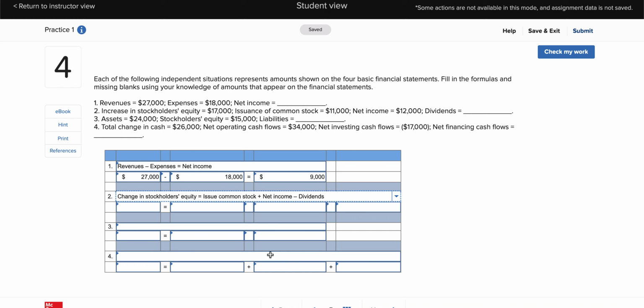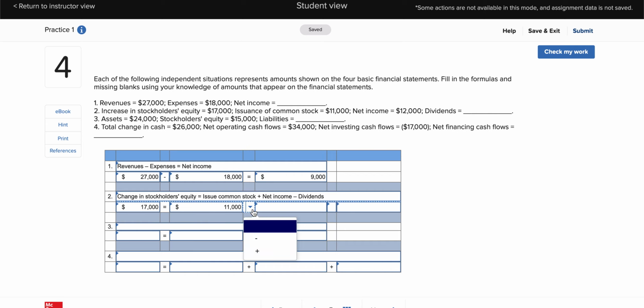That's the formula we know has to happen here. So the issuance of common stock is $11,000. This is actually $17,000 here for the actual change that they give you. The common stock is $11,000.